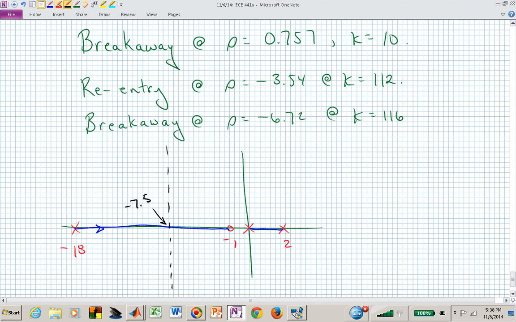I had a breakaway at 0.76. I had a re-entry at, let's say, minus 3.54. And then pretty close to this centroid, I had a breakaway at s equal to minus 6.72.